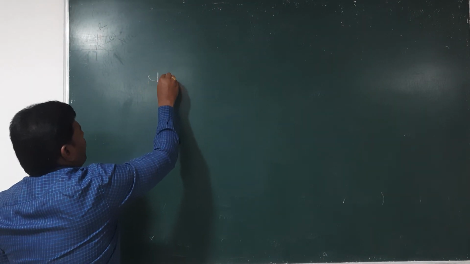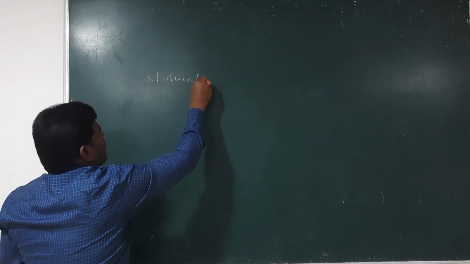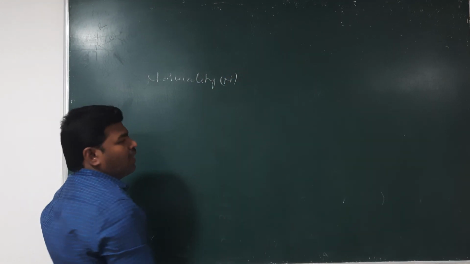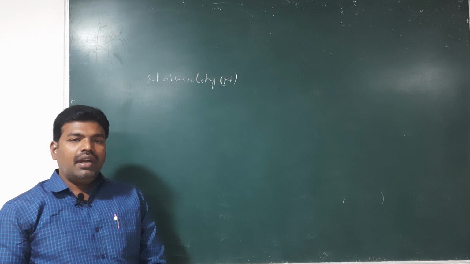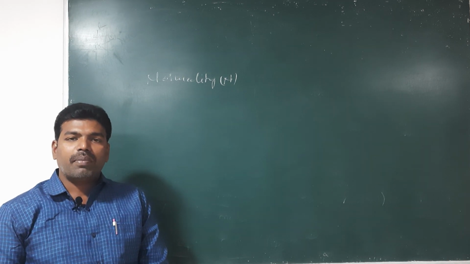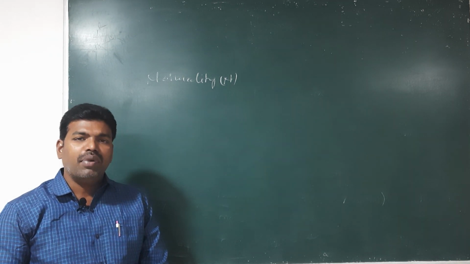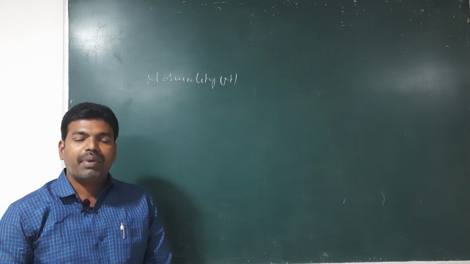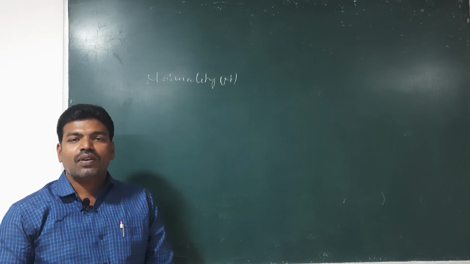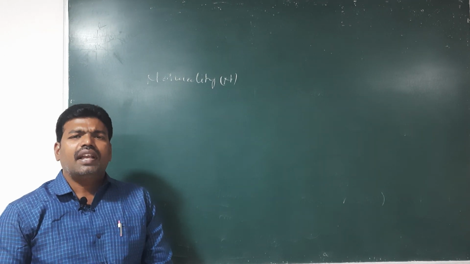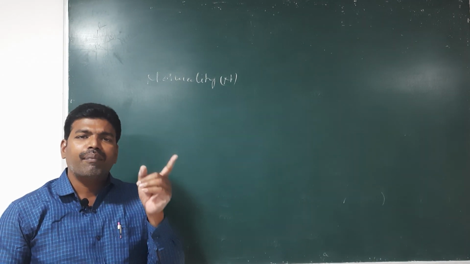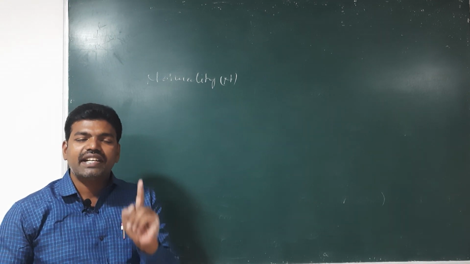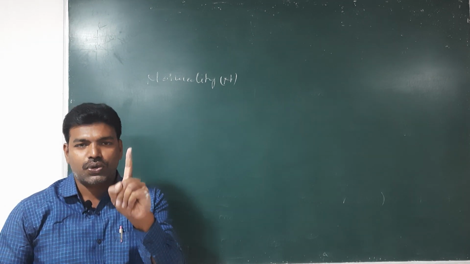Normality, N. The definition of normality is the number of equivalents of solute present in 1 liter of solution. I repeat, the number of equivalents present in 1 liter of solution.